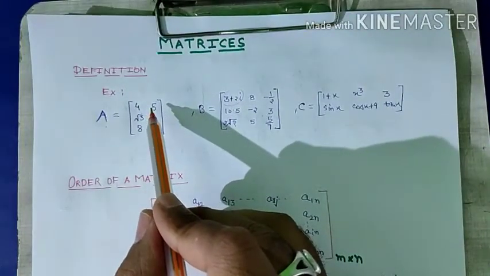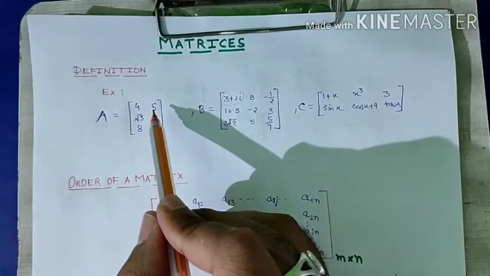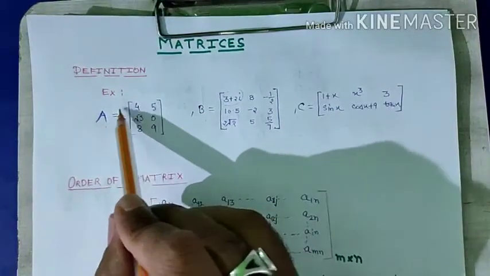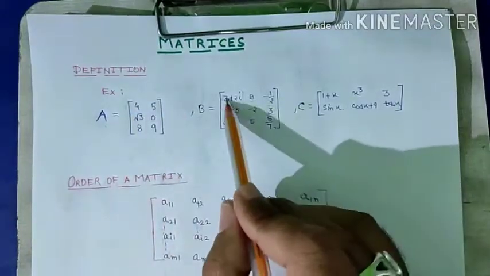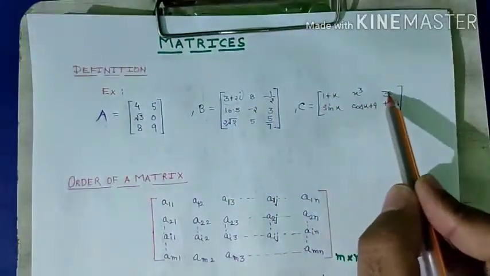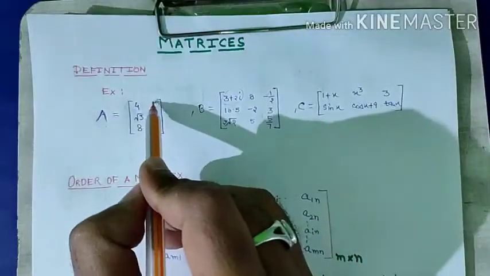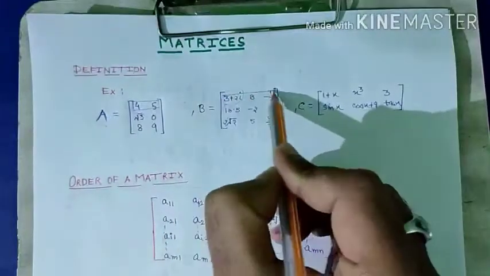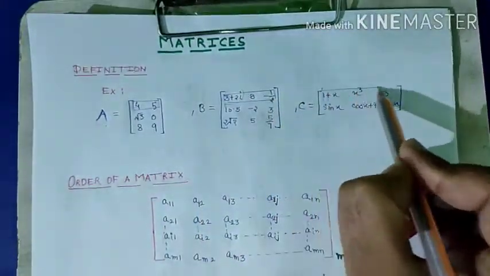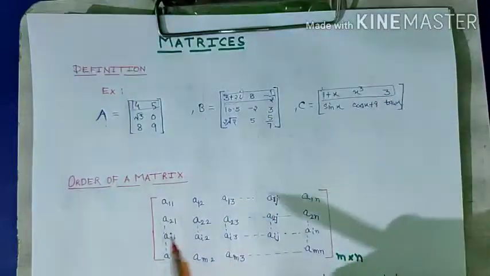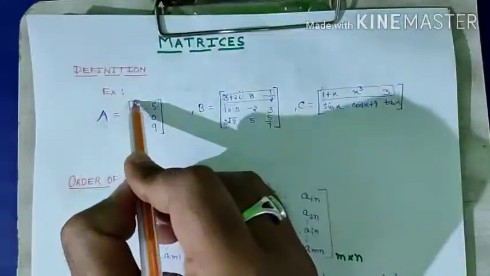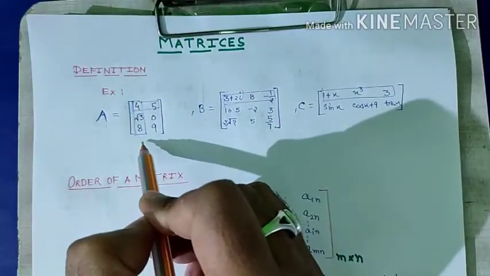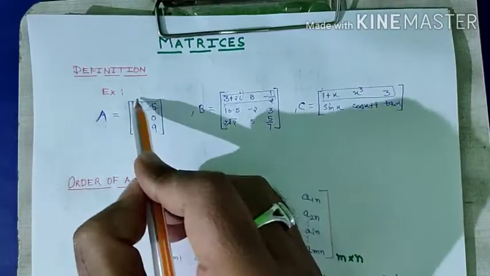Now in these examples, the horizontal lines of elements are said to constitute rows. Like you can see here, this horizontal line 4, 5, we call it a row. These are the rows. Now these vertical lines of elements are said to constitute columns.